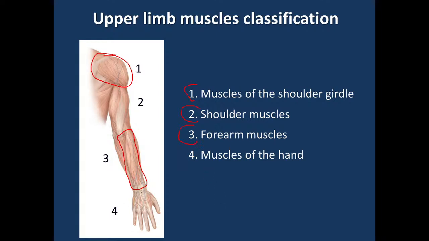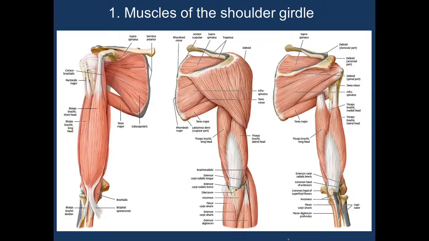And the last group is the muscles of the hand. Some of the shoulder girdle muscles are located around the shoulder joints.